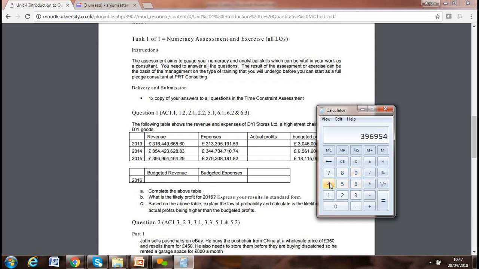396,954, 464.29, and then we'll do minus 354,423,628.83.